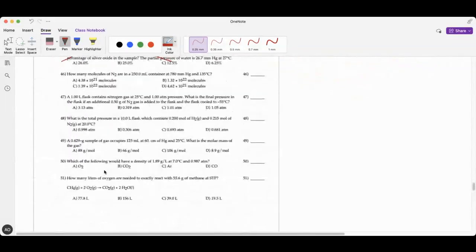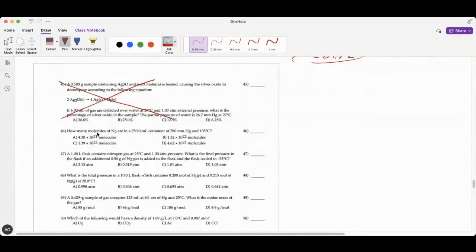Let's see what else is here. How many molecules of nitrogen are in a 250 milliliter container at 780 millimeters of mercury and 135 degrees Celsius? Basically, you need to use PV equals nRT, our ideal gas law.